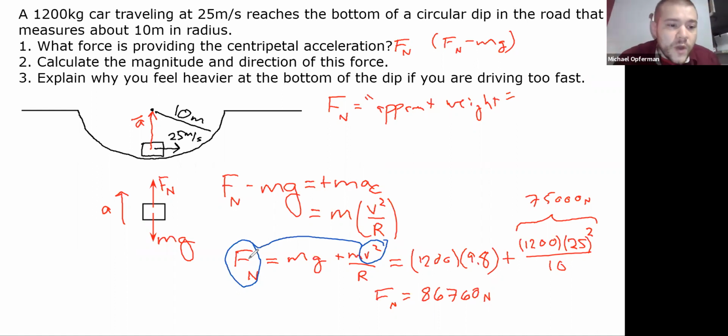A more conceptual way of saying that is that since the acceleration is upwards, think about your apparent weight as being like the force that your muscles and your bones have to exert to hold your body sitting upright in the car. Your muscles and bones now not only have to provide the balance for gravity, they also have to supply the centripetal acceleration.